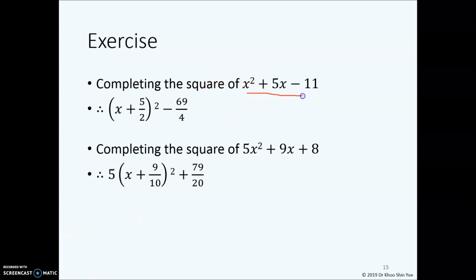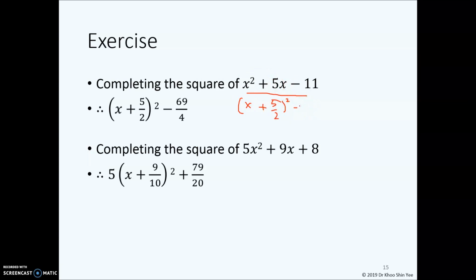So let's say you have this problem, you want to complete the square of this function. So first thing, we remove the constant where you have 1, so we don't need to do anything for this case. Next thing, we apply the formula. So we want to get something in the power of 2. So the x squared plus 5x here, 5 you have to divide by 2 based on the formula.